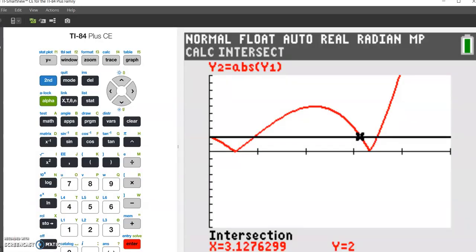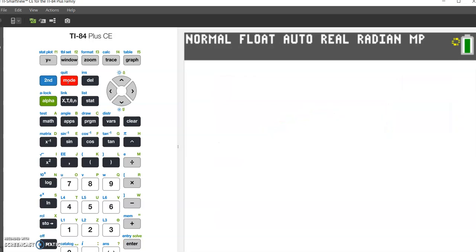So on your home screen, you'll do 10 plus the integral from 0 to 5 of y1.